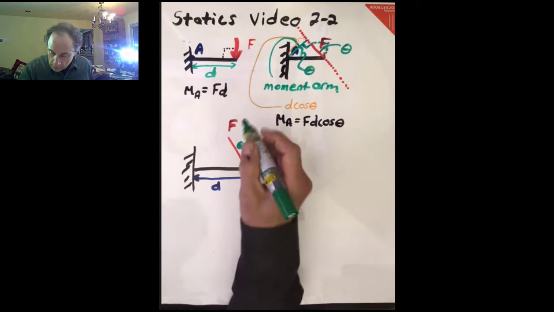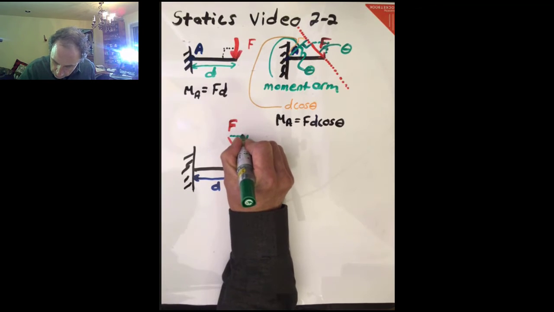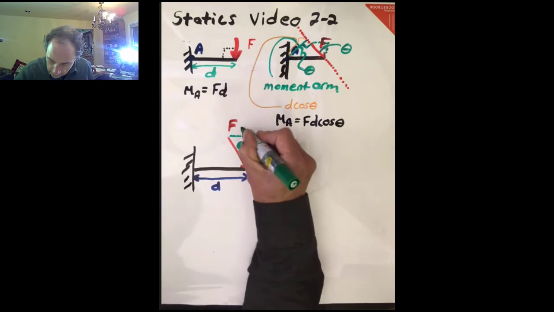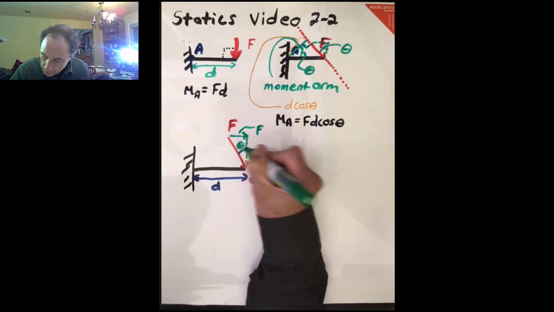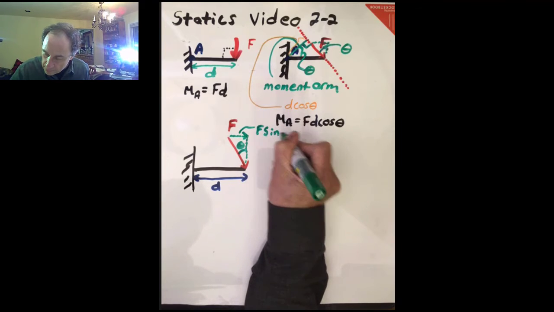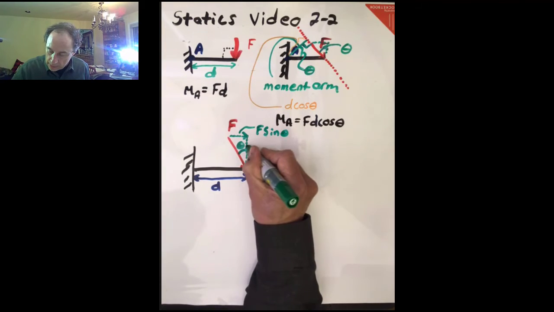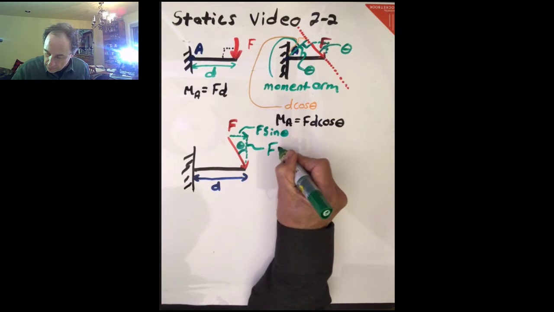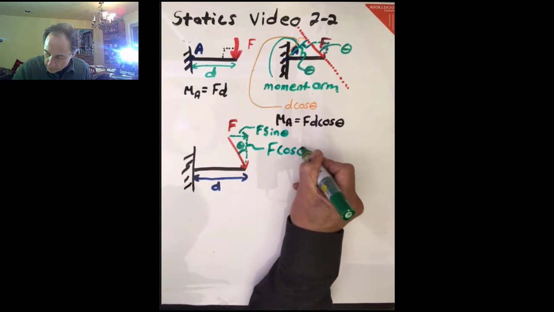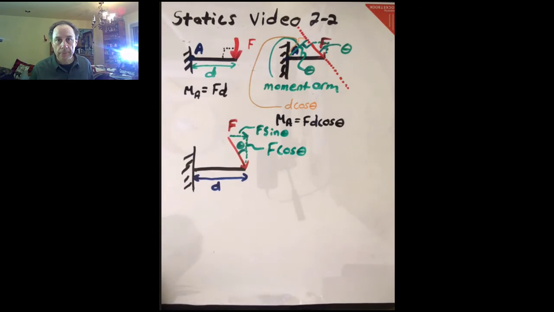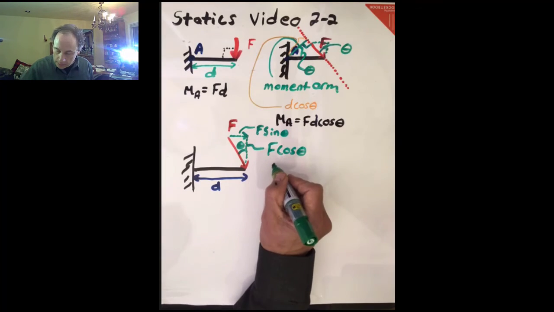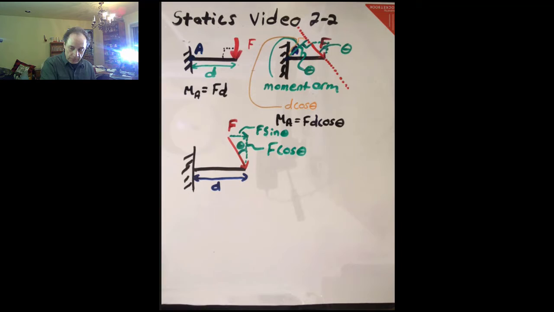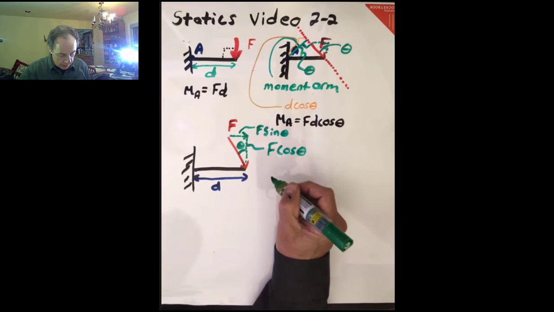So if we're going to continue the triangle here, we have F, and this is theta here, F sine theta, and this is F cosine theta. Let's look at this vertical component first, F cosine theta.